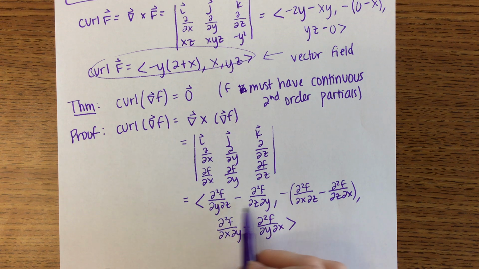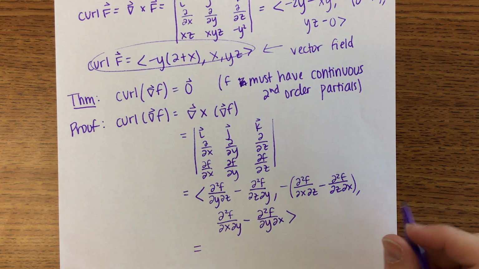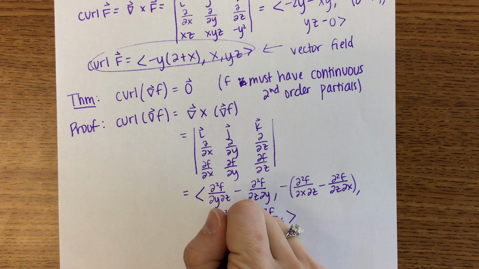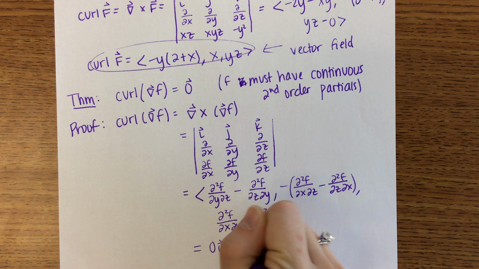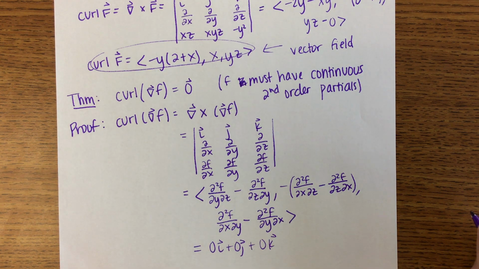Now, is this going to be 0? And if so, why? It has to be, because that's what the theorem says. Why are all of them equal to 0? What's continuous?